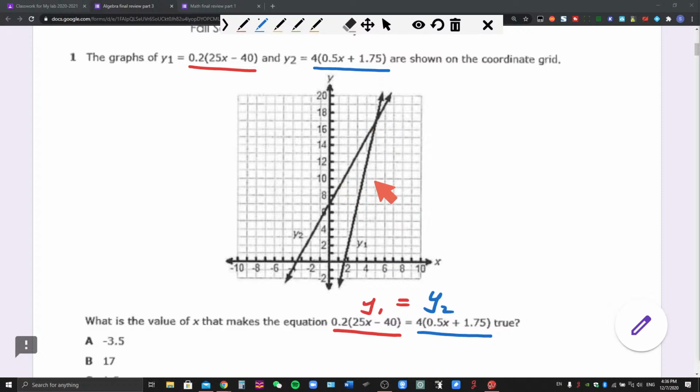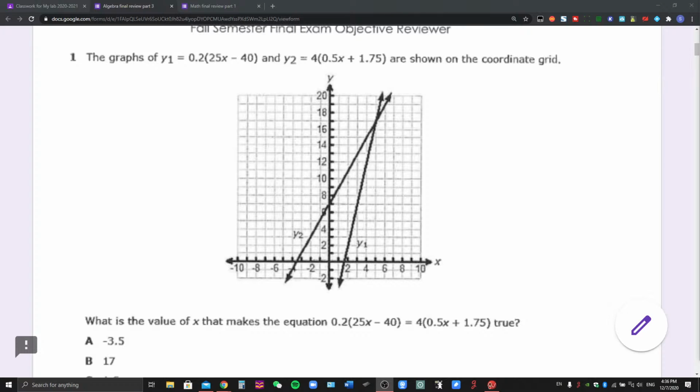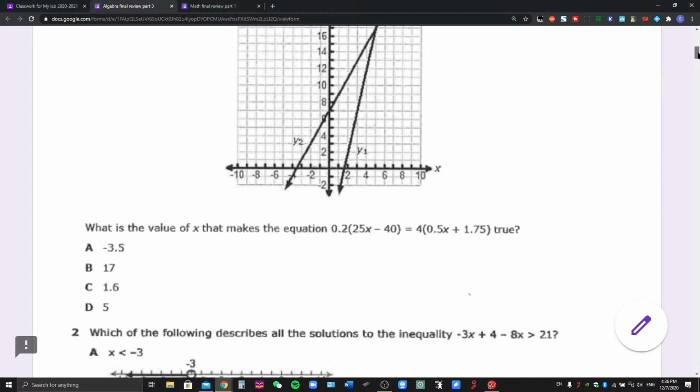As long as you understand that, you will know that you're actually looking for the intersection of the two graphs.